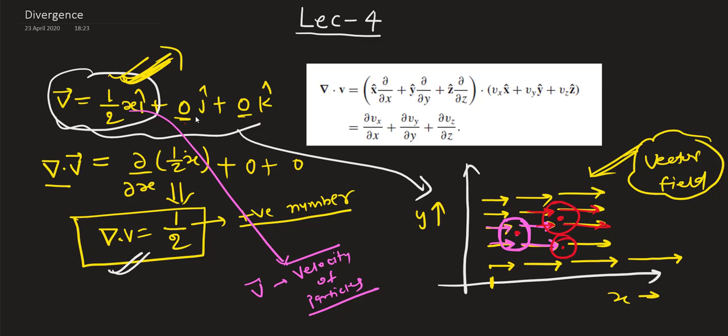And now the meaning of the positive divergence comes into picture. When we are having the positive divergence, it simply means that each point in the vector field of that vector function is behaving like a source of the particles or the source of the vector.